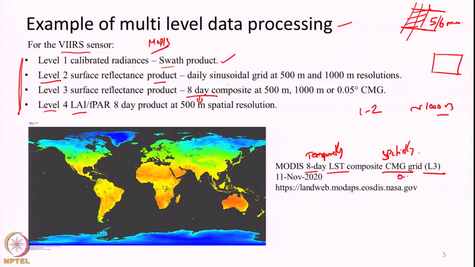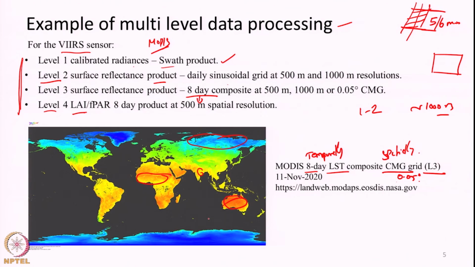This is aggregated to 0.05 degree grids and averaged over 8 days. So, this map actually tells us the blue portions are cold areas, temperature is less, yellow portions are slightly warmer, red portions are hot desert areas and so on, especially hotter areas. Okay. So, this is an example of level 3 data.